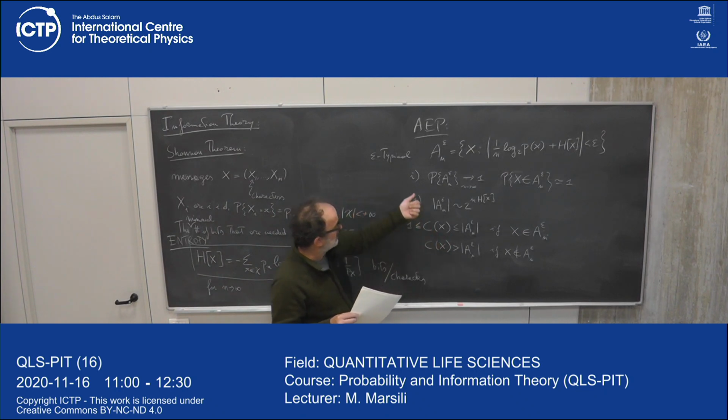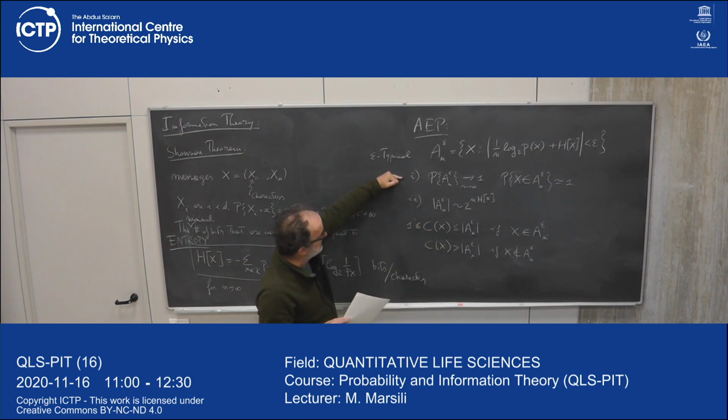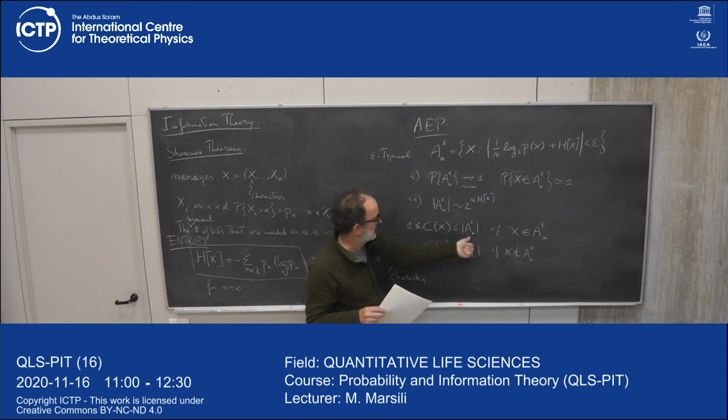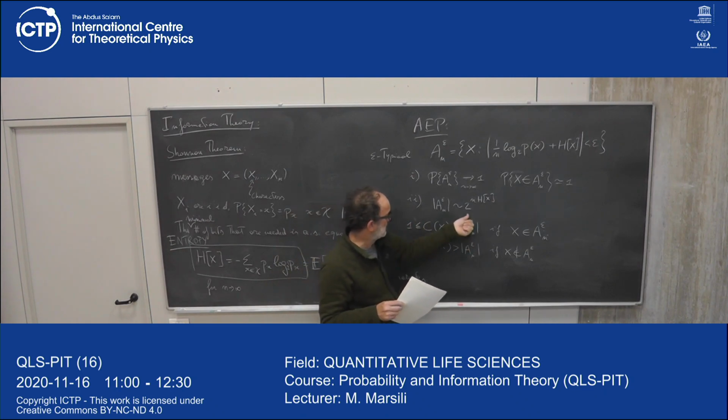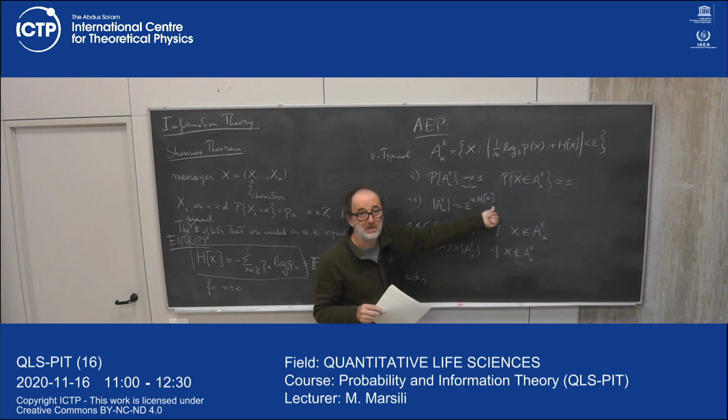Then, essentially, this property tells you that almost surely you will only need to send messages which have a C of x which is less than this, and this property tells you that the number of bits that you will need is just h of x per character. Okay?